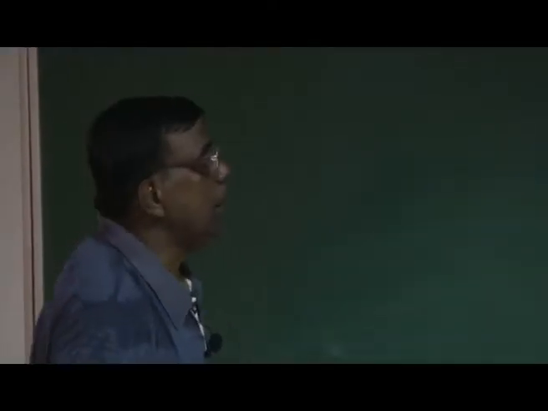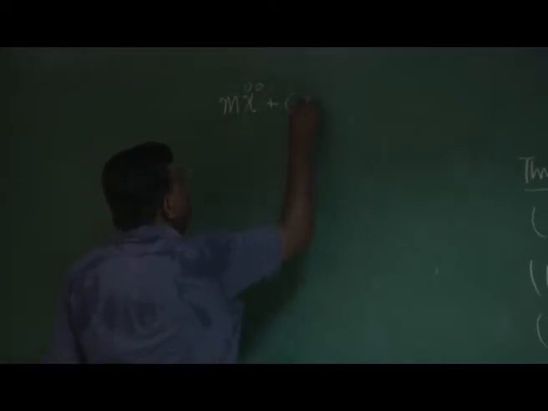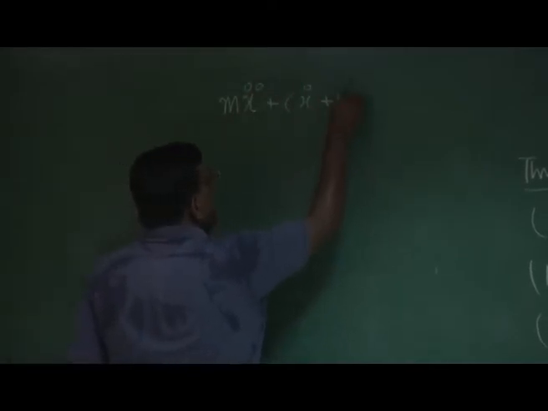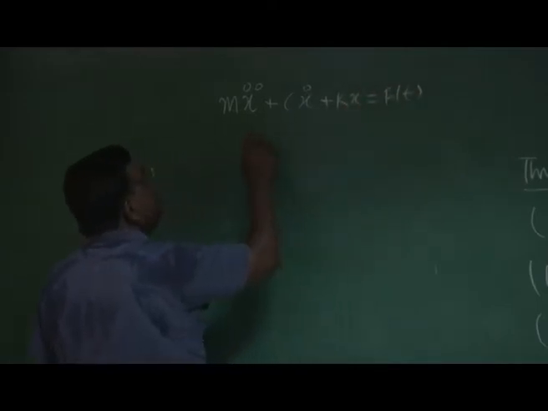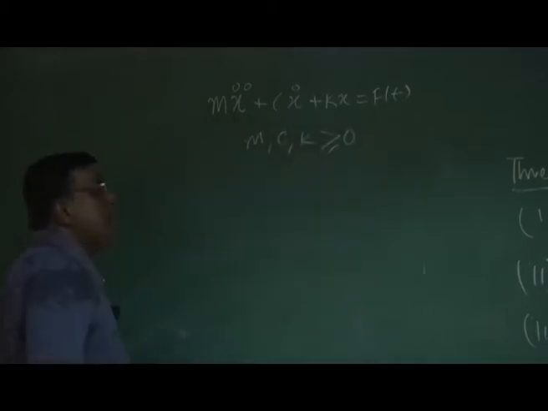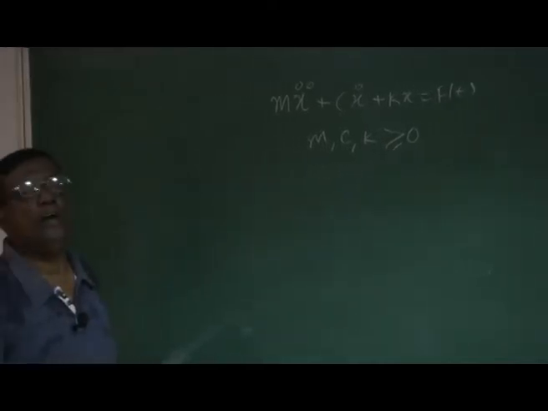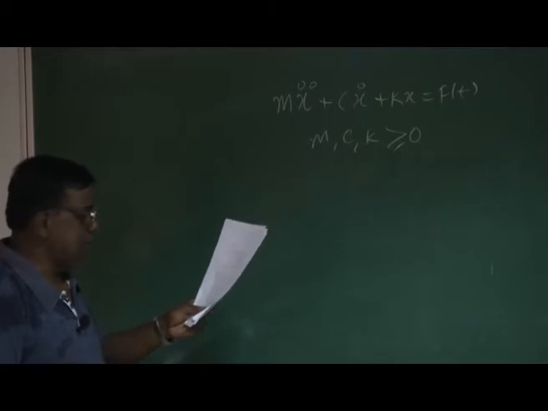Please also understand one thing. When we wrote an equation like this, mx double dot plus cx dot plus kx equal to f of t, there was an implicit assumption that m, c, k all are greater than 0. Right? If c is 0, that means there is no damping. But these are positive numbers. They satisfy these conditions.